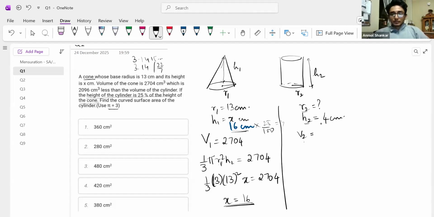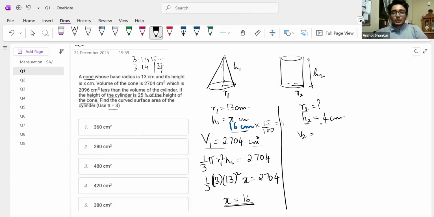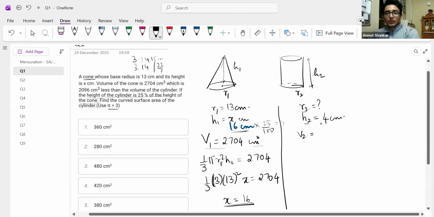Do we know the volume? For the cone the volume is 2704 centimeter cube. For the cylinder, they have said it is 2096 centimeter less than the volume of the cylinder. So what is the volume of the cylinder then?